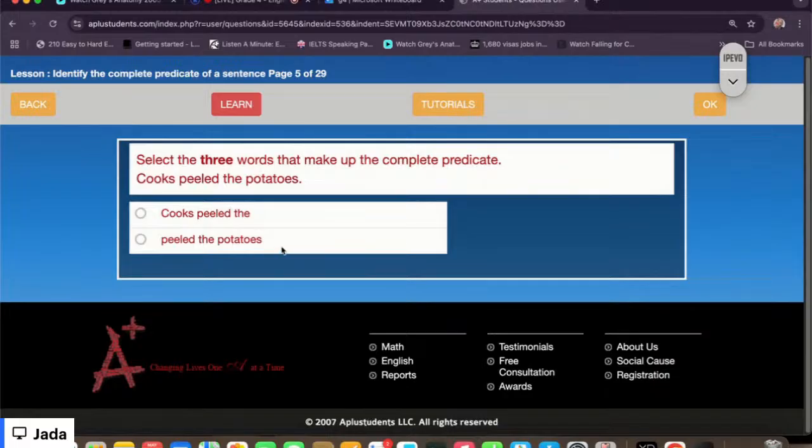So three words that make up the complete predicate. Cook peeled the potatoes.